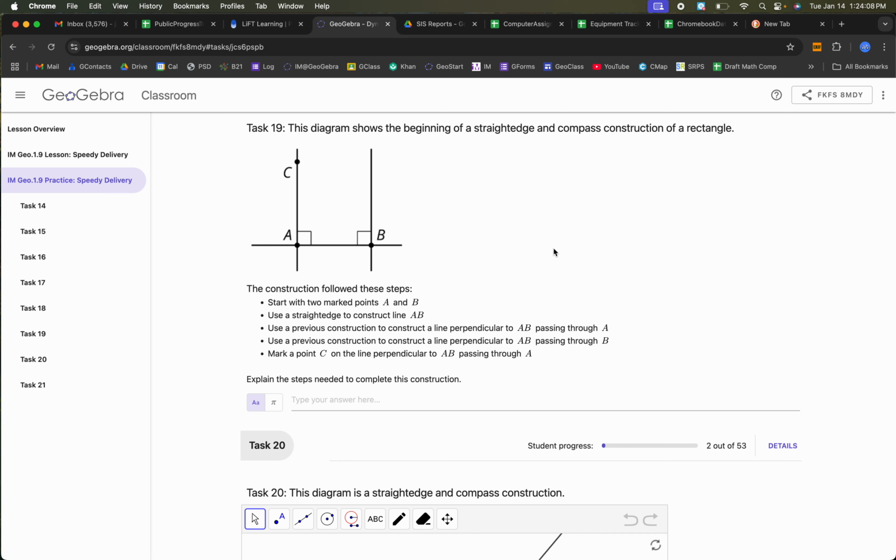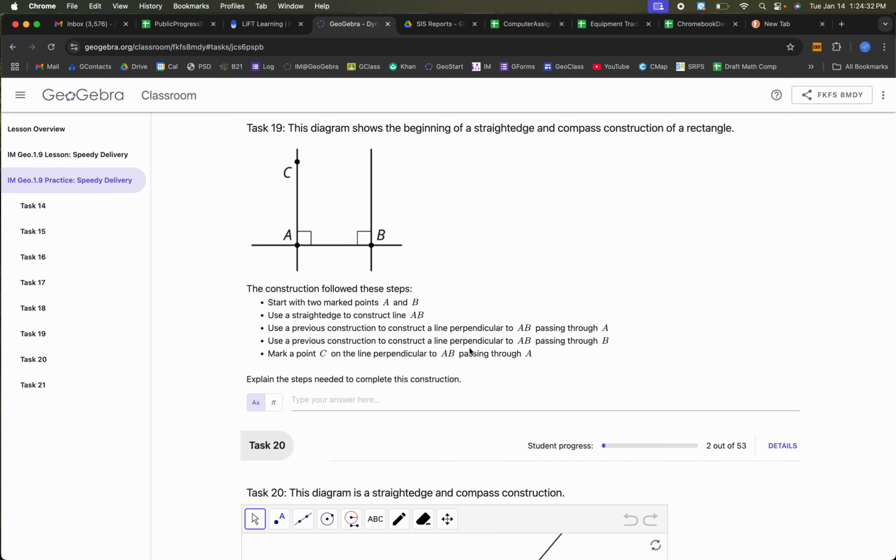Task 19. This diagram shows the beginning of a straight edge and compass construction of a rectangle. So here's what the construction did. It followed these steps. It started with 2 marked points, A and B. So there was nothing here except for points A and B. Then it says make line AB. Great.